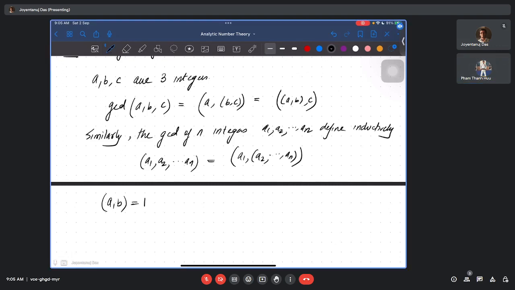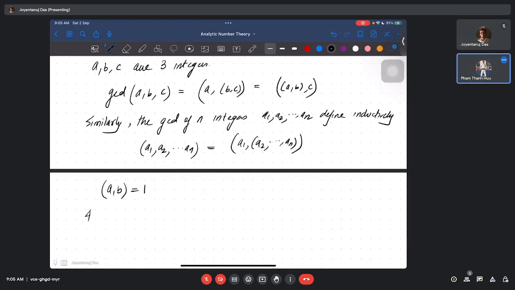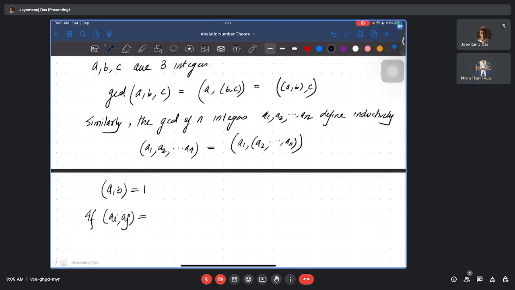So if the GCD of Ai and Aj is 1 whenever i is not equal to j, then this implies that the numbers A1, A2, up to An are pairwise relatively prime.